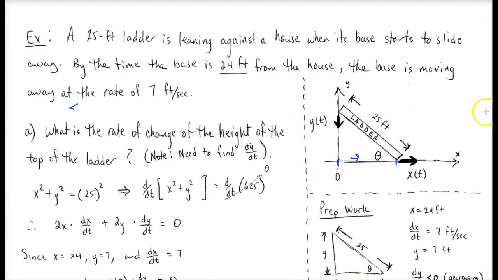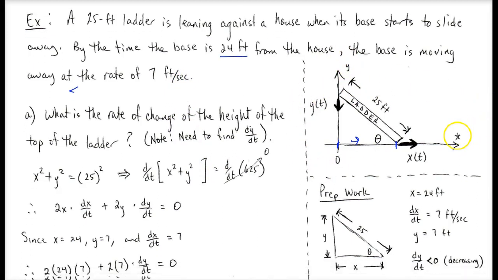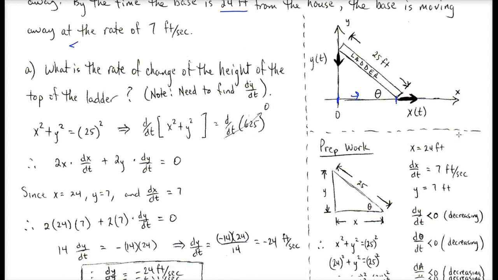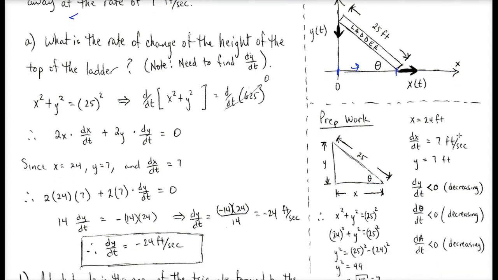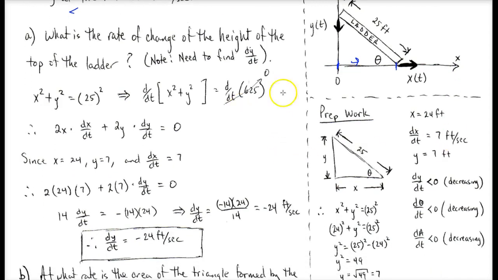So we look at our model here, and one of the things I want to call to your attention is all the prep work that I've done here. We see that this ladder, wall, and floor model a right triangle where we can utilize the Pythagorean theorem. At this snapshot in time, x, which is the distance from here to here, is 24 feet.